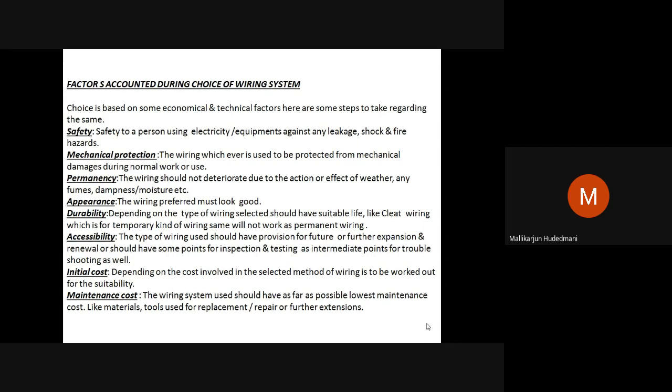Because I'm building a house, it should last long. So therefore, I should invest money so that it remains good in its function and appearance. How should your wiring appear? Once you have built a house, your wiring should not look ugly. People who come and visit your house should express appreciation for what kind of house you have built.